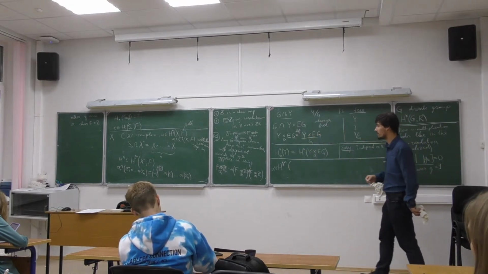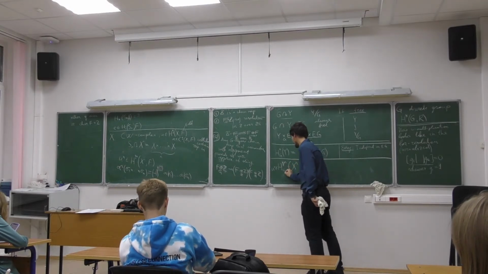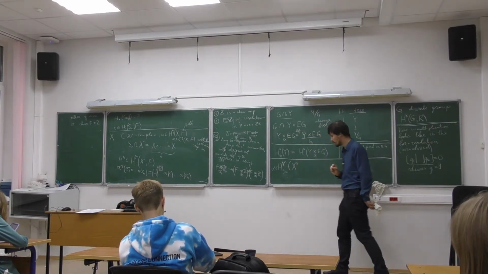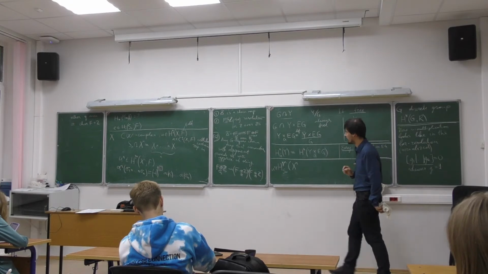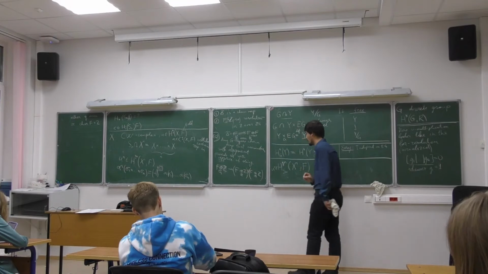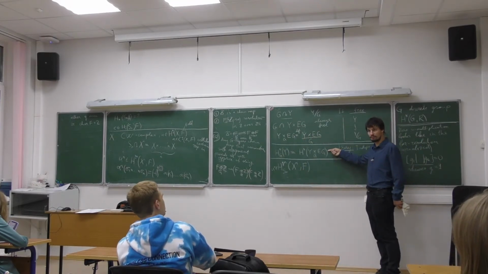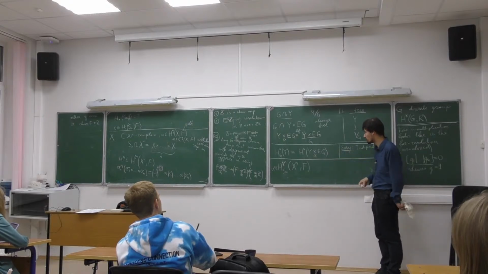Of the equivariant cohomology of this X^n with respect to the symmetric group, with coefficients in F. Now, of course, this construction is functorial. It is very natural.